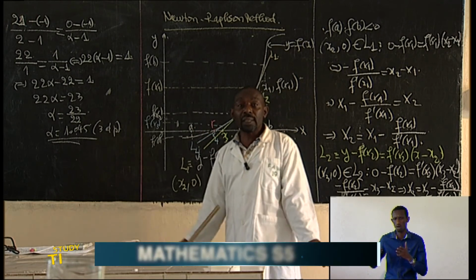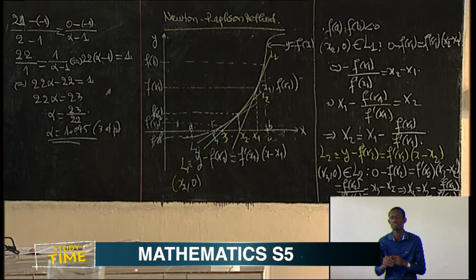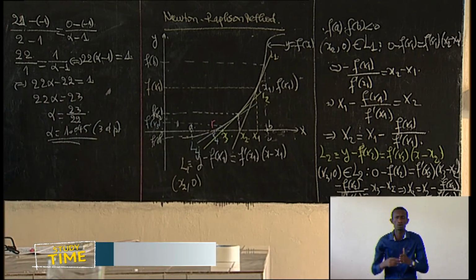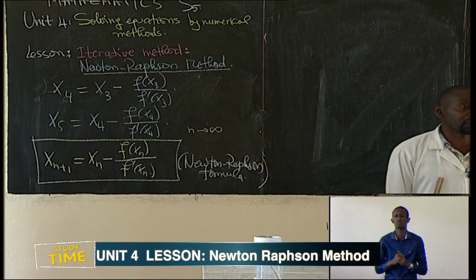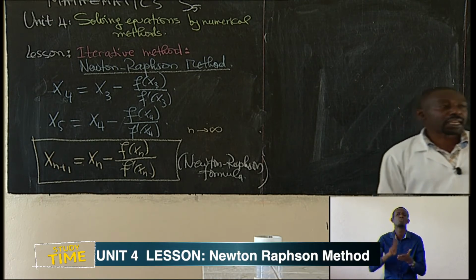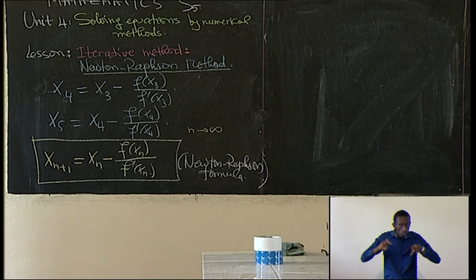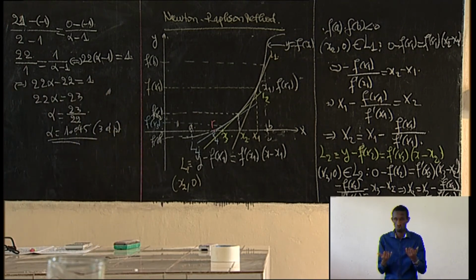When it is out of that interval, it means that my sequence is diverging, and of course, the method fails. We have to look at another way. There are very many, but at this moment, we are going to stop at this method.